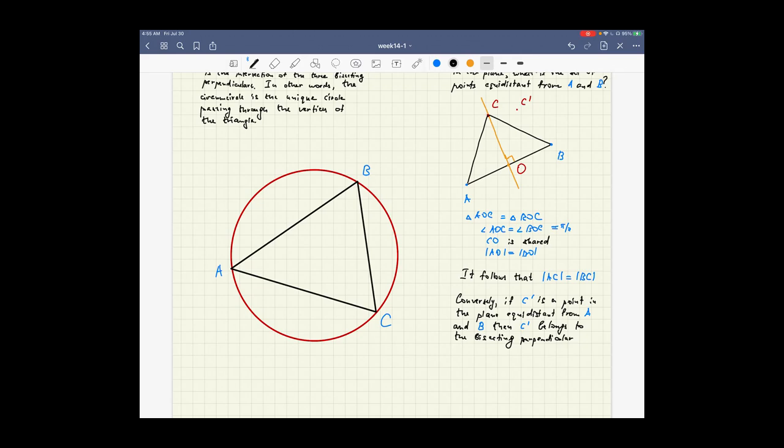Why is that? Well, we can form the triangles AOC prime and OC prime B, and despite my picture, I claim they must be equal. Why is that? Well, one side they share, OC prime is a shared side, AC prime equals BC prime because C prime is equidistant, and AO equals BO because both are equal to half the distance AB.